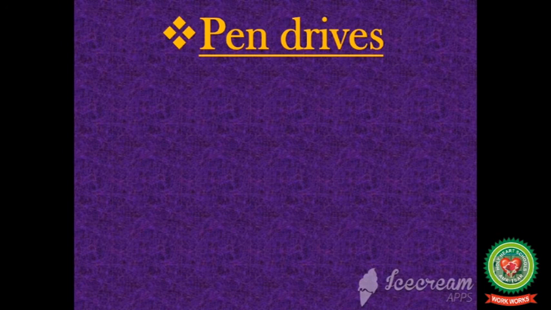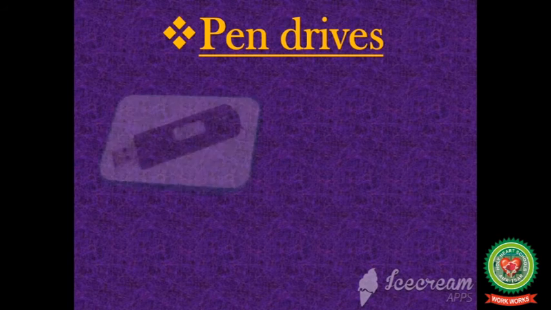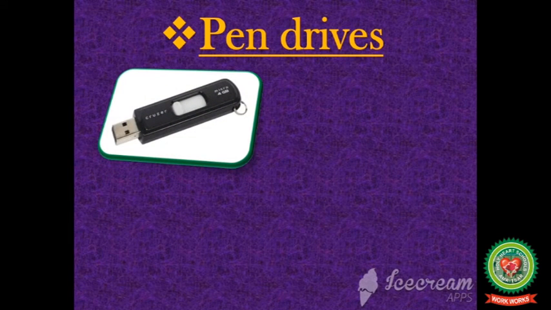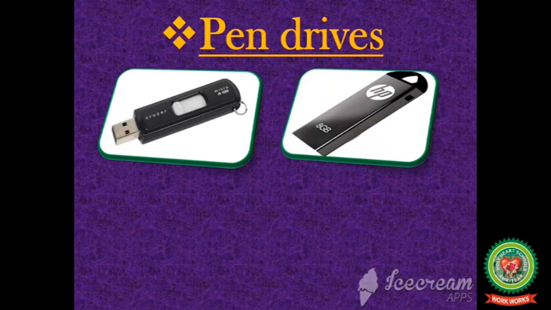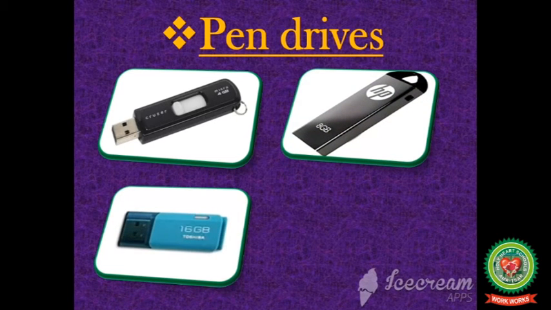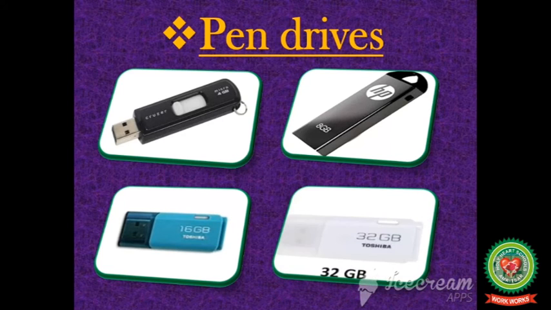Similarly, we are having pocket storage device, that is pen drive, which is having different storage capacities like 4 GB, 8 GB, 16 GB and 32 GB. So these storage capacities represent how much data we can store in a storage device.